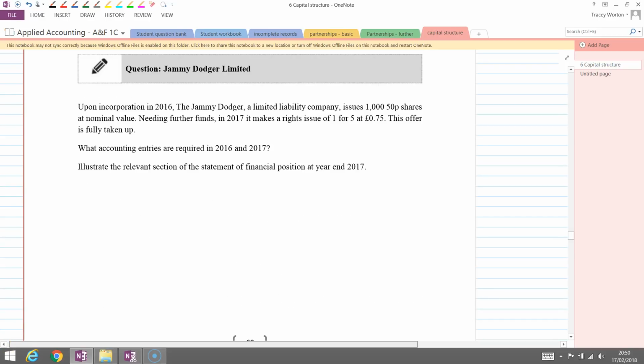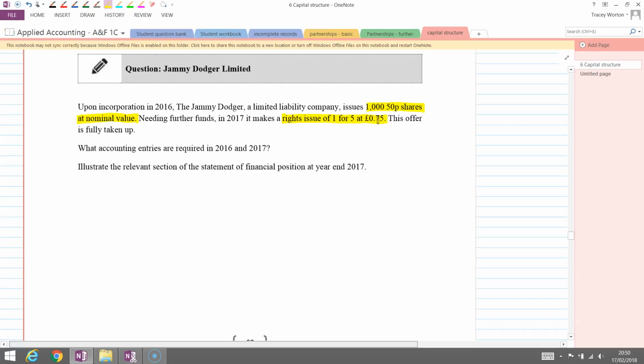So let's have a look at a short example dealing with a rights issue. Upon incorporation in 2016, the Jammy Dodger, a limited liability company, issues 1,000 50p shares at nominal value, so at face value. Needing further funds in 2017, it makes a rights issue of 1 for 5 at 75p.